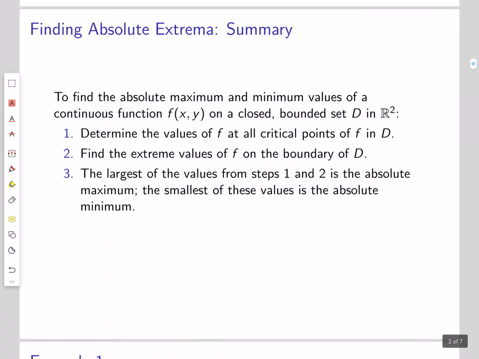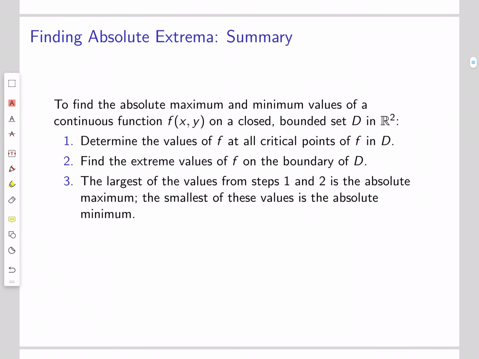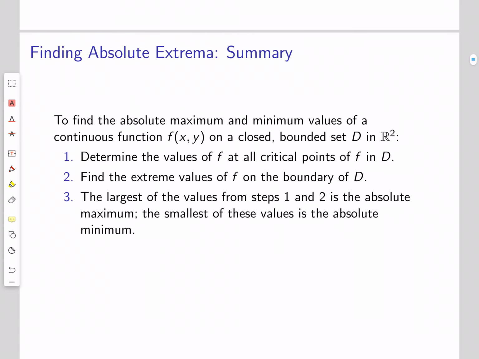Actually, first, before we do that example, let's do a quick summary of how to find absolute extrema. We've already gone over this in the pre-class materials, and you might find it helpful to look at the summary sheet for week 10, where this is also summarized. What we're interested in now is to find absolute extrema rather than local extrema.